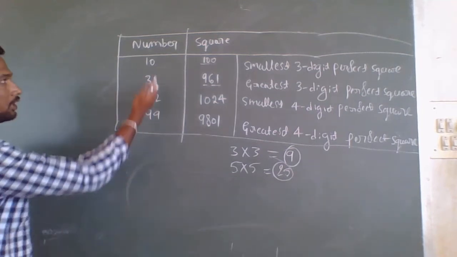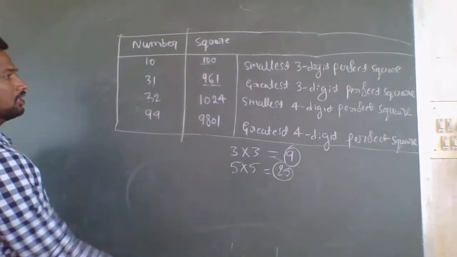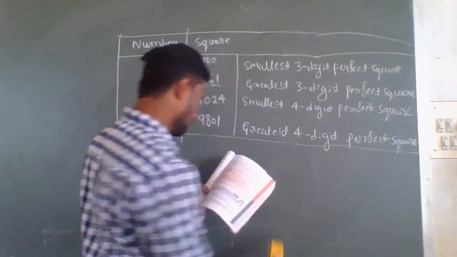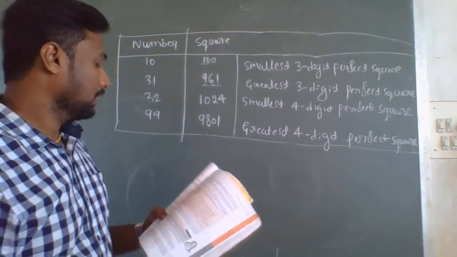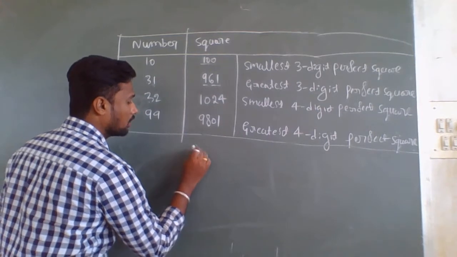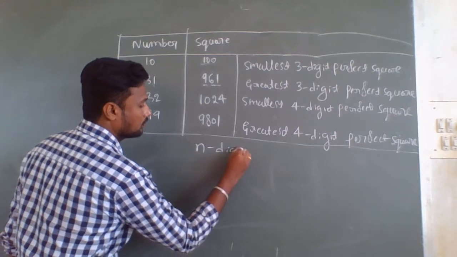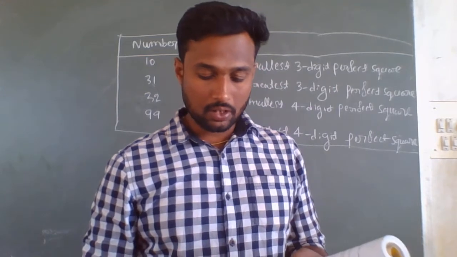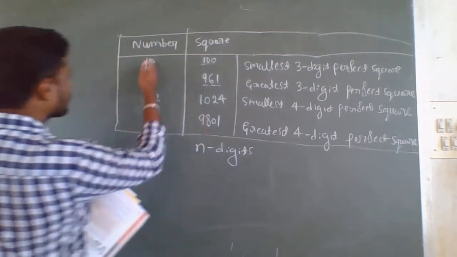Like this only, here they have given 10 into 10, 10 square means 100, 31 square means 961. So these all are perfect square numbers. So here they have given, based on this, can we say that if a perfect square number of n digits, if this perfect square number contains n digits, then its square root will have... these are square root values.